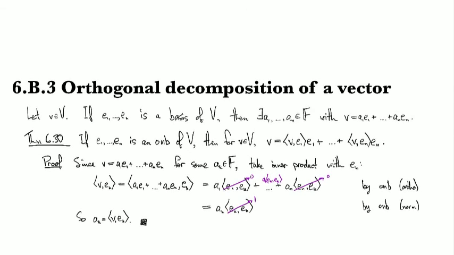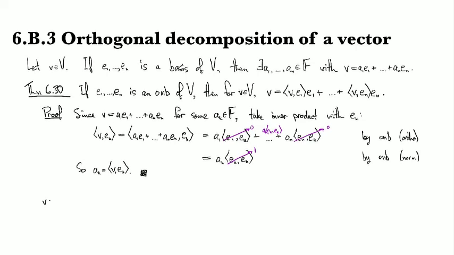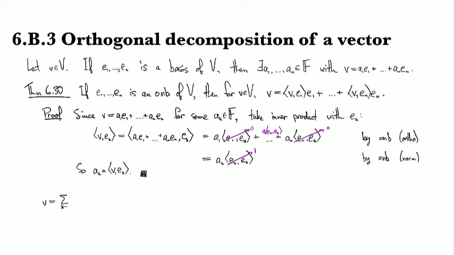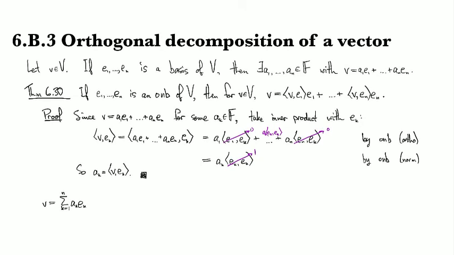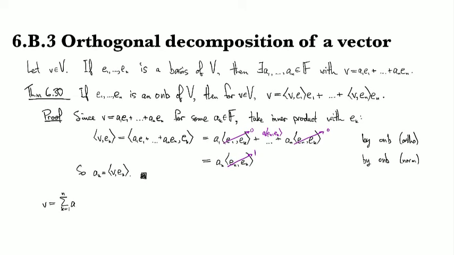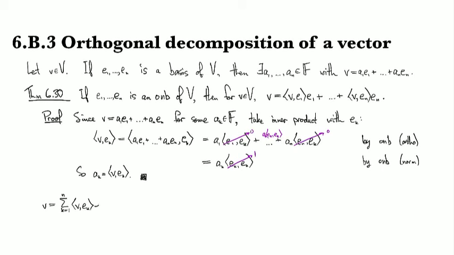All right. So now we know that V looks like the sum k equals 1 to n AK EK. Whoops, let's replace that A with V, EK, EK.